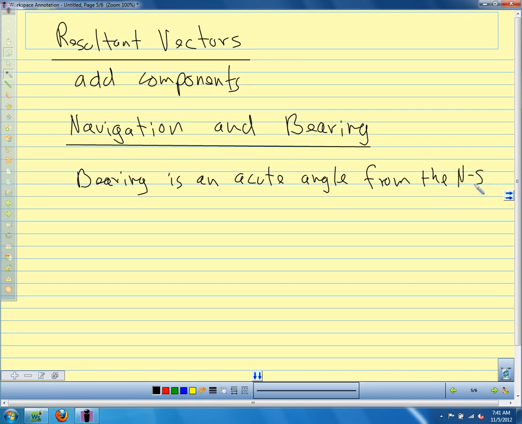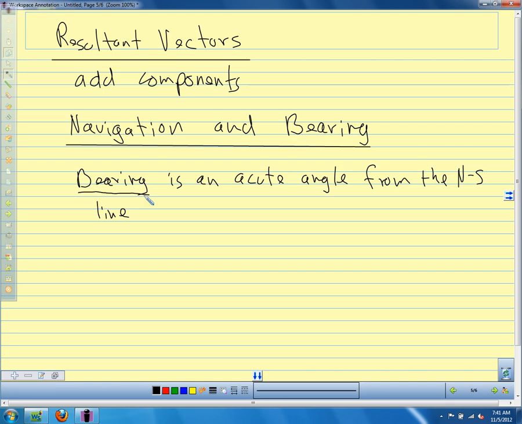I thought bearing was just in general measured from the northern pole. That's a different type of bearing. So if we're talking about bearing, we're talking about an acute angle from the north-south line. If the problem gives you the angle as a bearing, your angle needs to be an acute angle, and it is from the fixed north-south line.